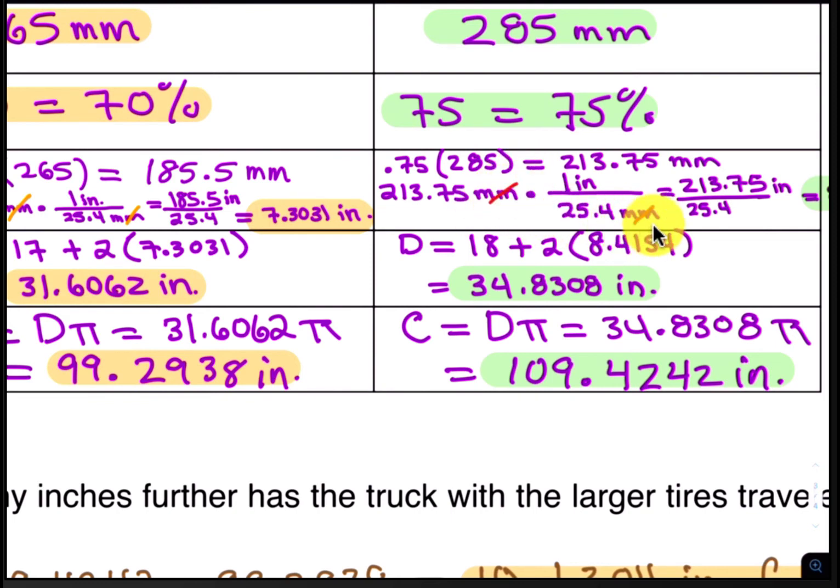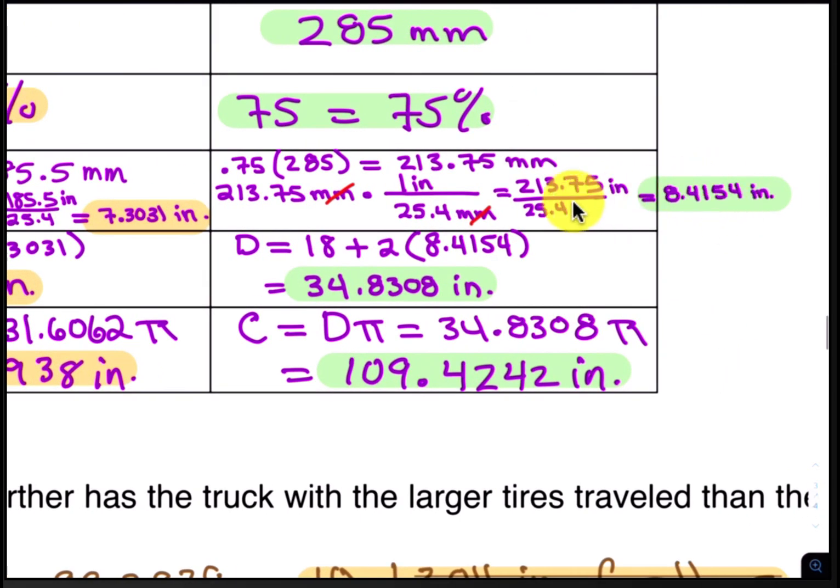The millimeters cancel. And so that gives us 213.75 on the top inches, and then divided by 25.4. When we divide these two numbers, we get 8.4154 inches. That's the height of the tire.